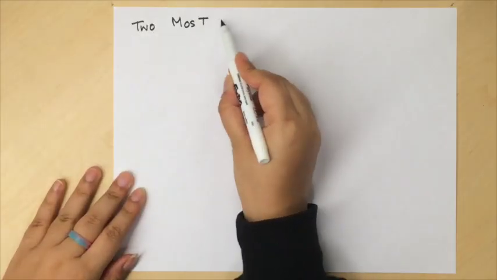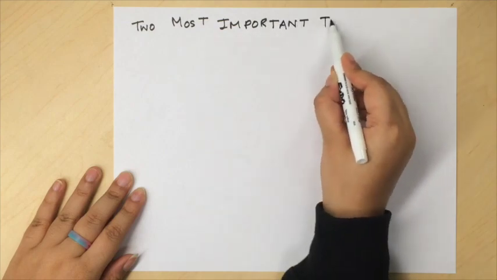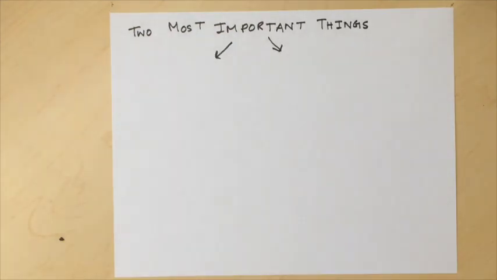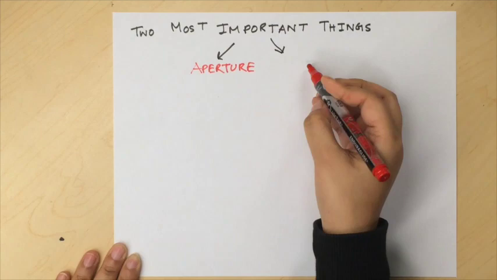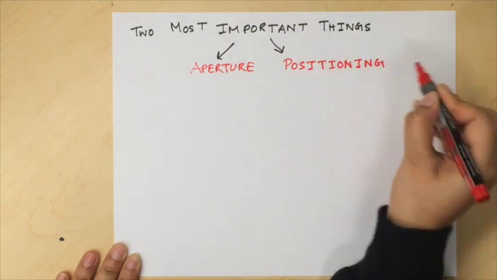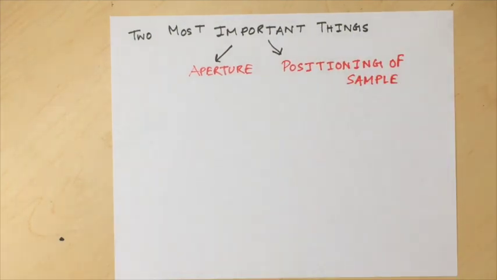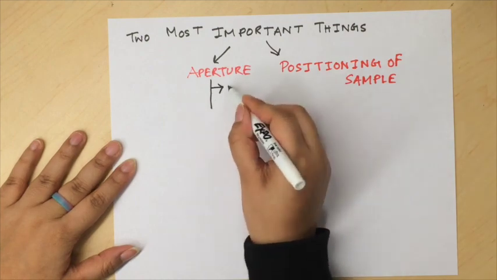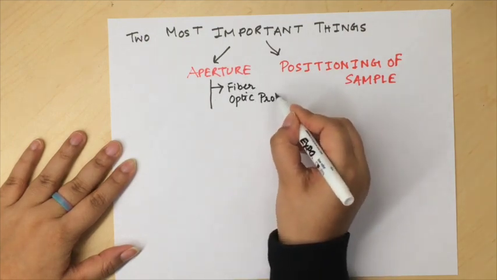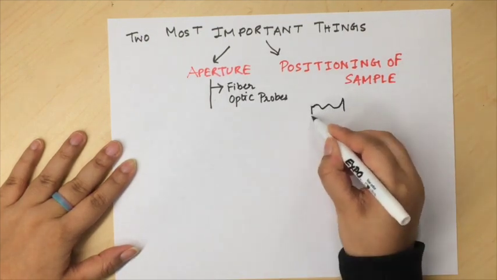From the discussion before, we can conclude that the two most important things to control in NSOM are aperture and positioning of sample. Aperture is the heart of any NSOM setup. Normally, fiber optic probes coated with reflective metal are used. Uncoated sharp tips are also used.